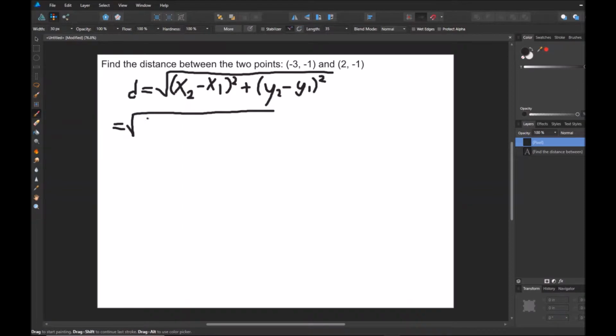So the square root of x2, which is 2, minus x1, which is -3. Let me rewrite that too. Plus y2, which is -1, minus y1, which is -1 as well.